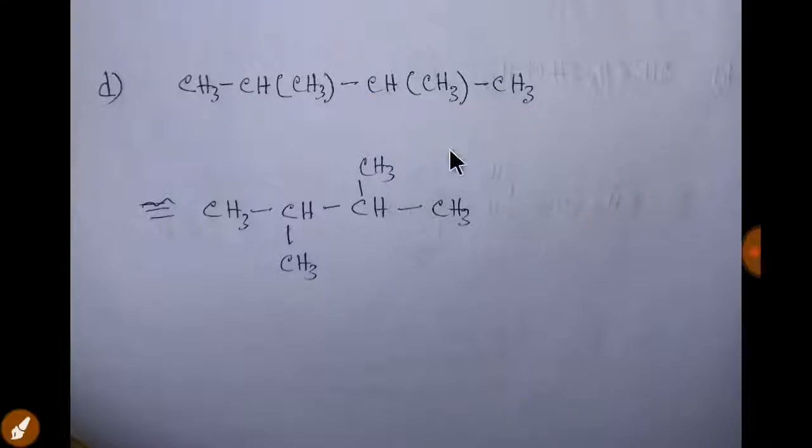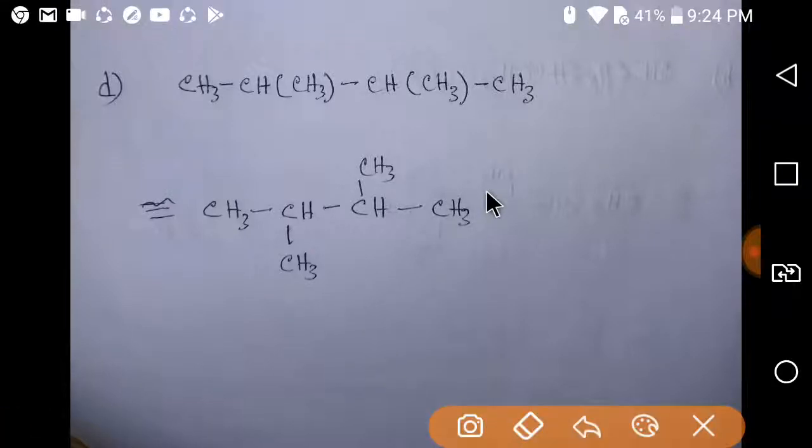So we can write this compound this way, right? So first I will number the carbons in the chain to get the longest chain. If I number from left to right, then I get 4, so this is butane, right?